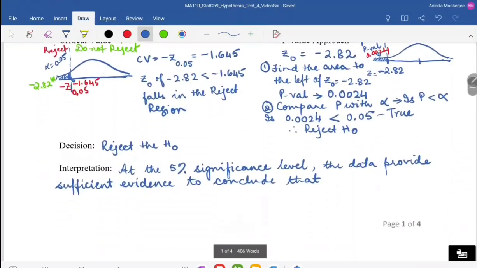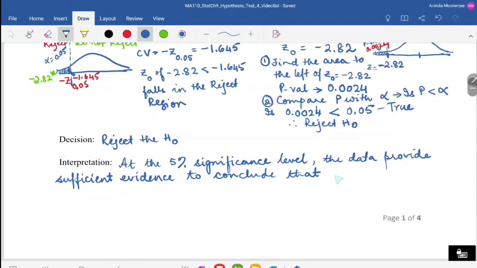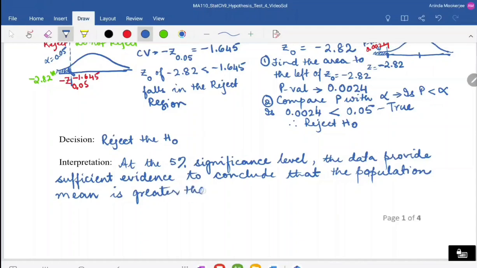All right, to conclude that the population mean. Now it's always in terms of the population, because a hypothesis test is an inference on the population, that the population mean is greater than, no, it wasn't greater, it was less than, right?